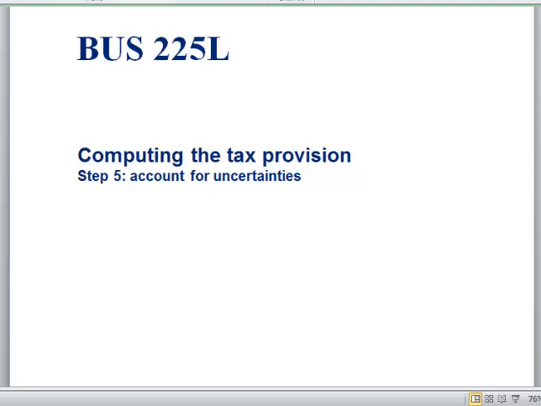Make sense? So we'll spend an hour talking about that, and then there's going to be one in-class problem that we'll do. And then we'll spend the second hour going through valuation allowances. Again, we'll talk about concepts, and then we'll do a couple problems. And then with the remaining time, we'll go through the case study that you should have worked on last week, and we'll go through the answers.